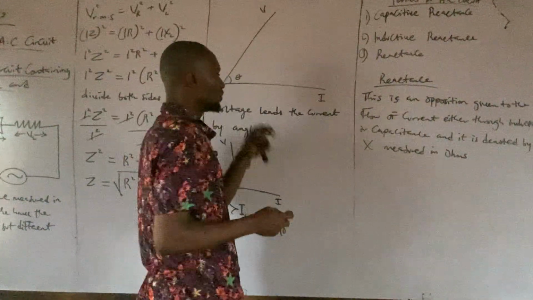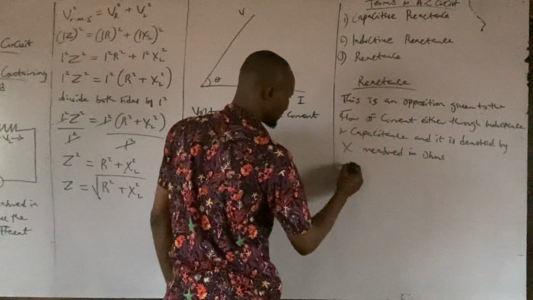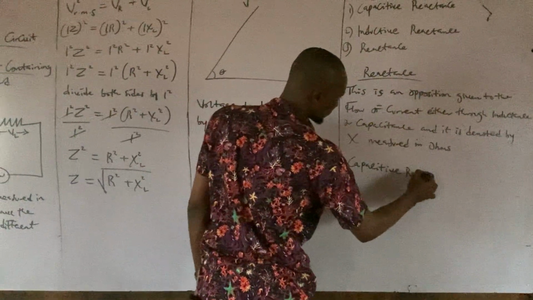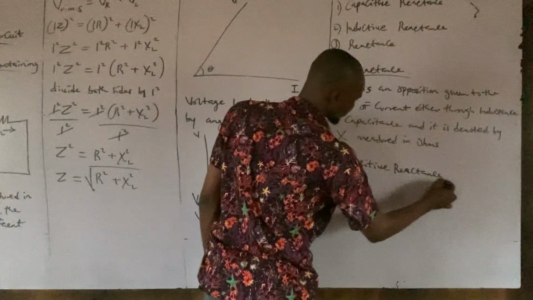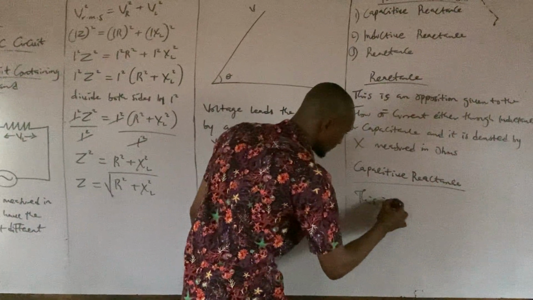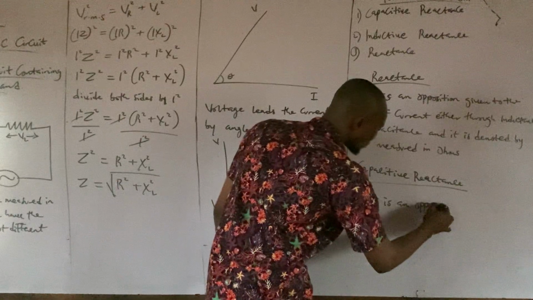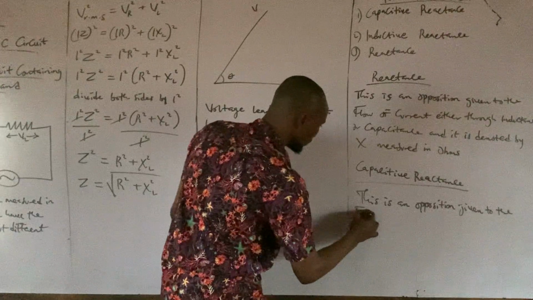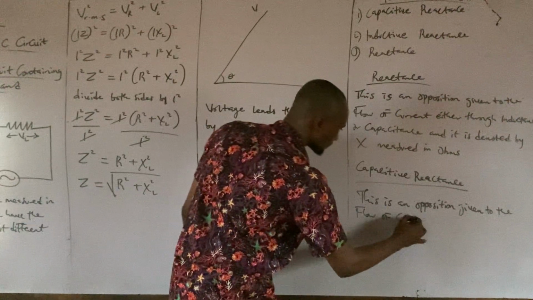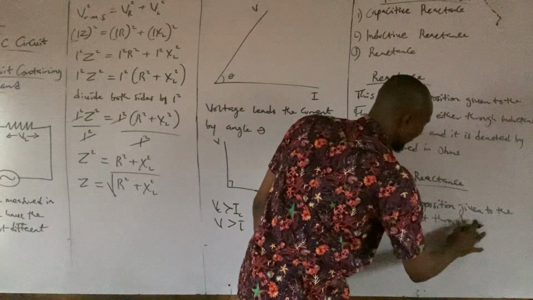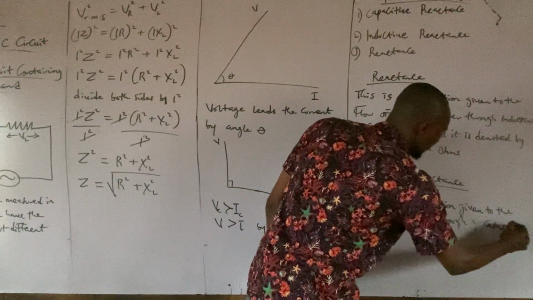Now, for capacitive reactance, this is an opposition given to the flow of current through a capacitor.